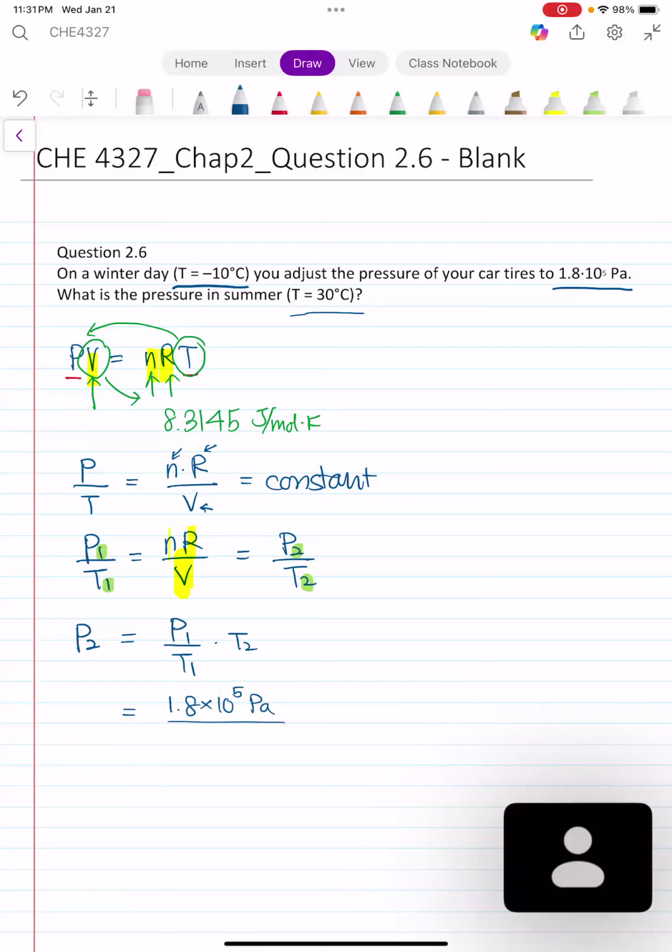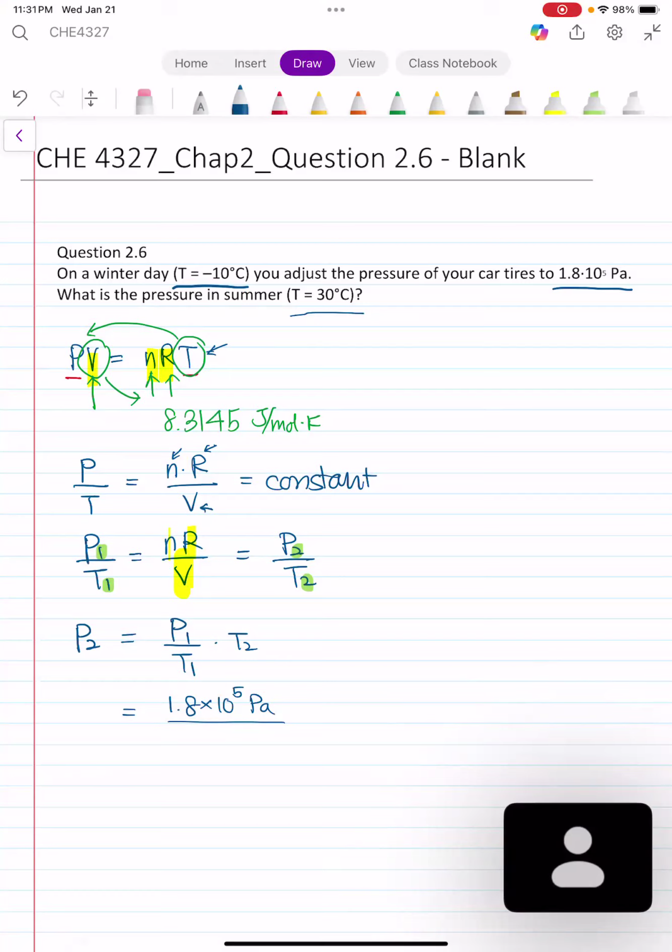And T1 was minus 10 degrees Celsius. Now, please remember the temperature in the ideal gas law is in kelvins. In other words, when T is equal to 0, that's the point where PV should go to 0. Don't use the Celsius as is.